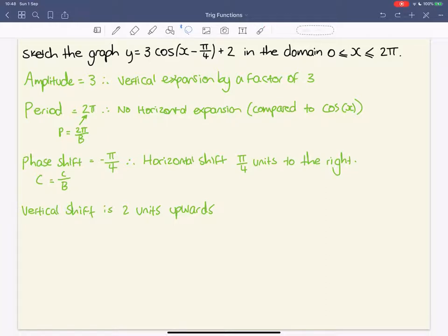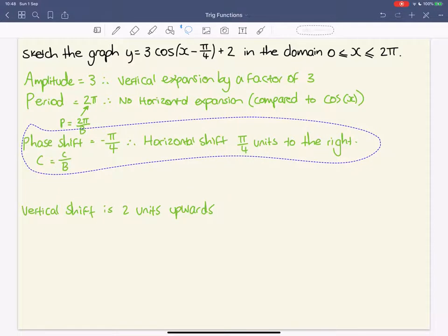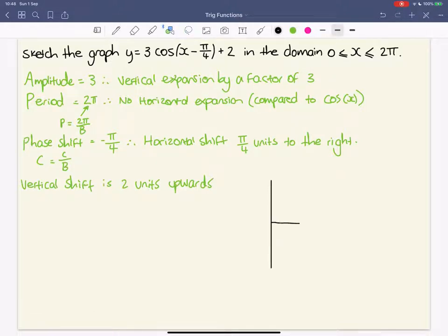I'm going to group everything a little bit closer together so that we can have some room to graph it. Okay, I'm going to set up a bit of a Cartesian plane, or our graph parameters. I know that our domain is between 0 and 2 pi, so I'm going to write that: 2 pi at the very end, 0 here.